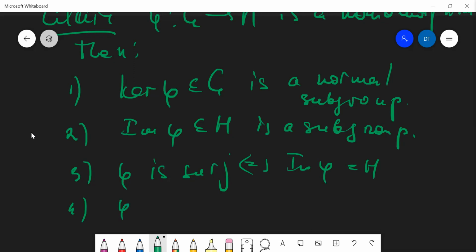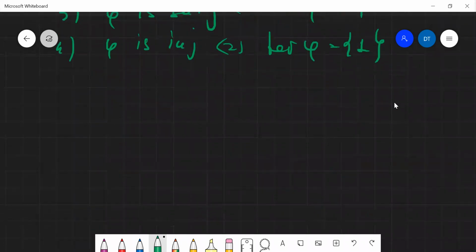And the last claim says that phi is injective if and only if the kernel of phi consists of the neutral element only. So these are all the facts that you need to know about kernel and the image. Okay, let's try to prove this.